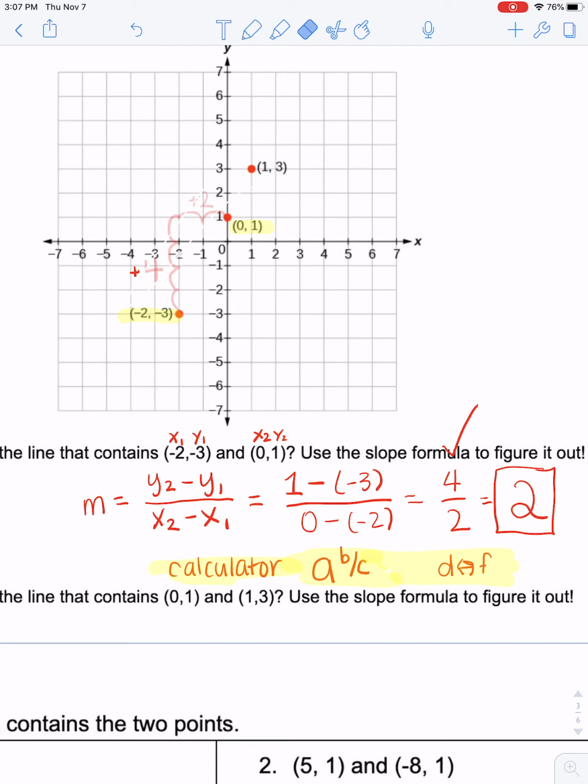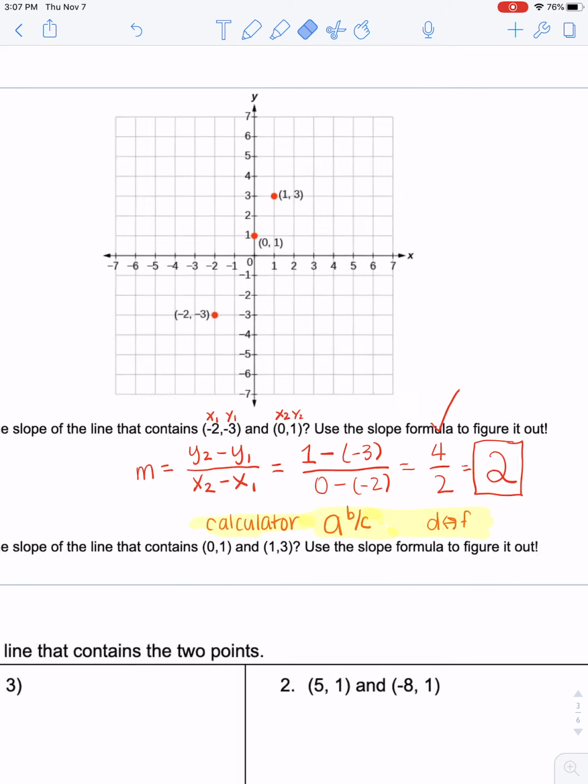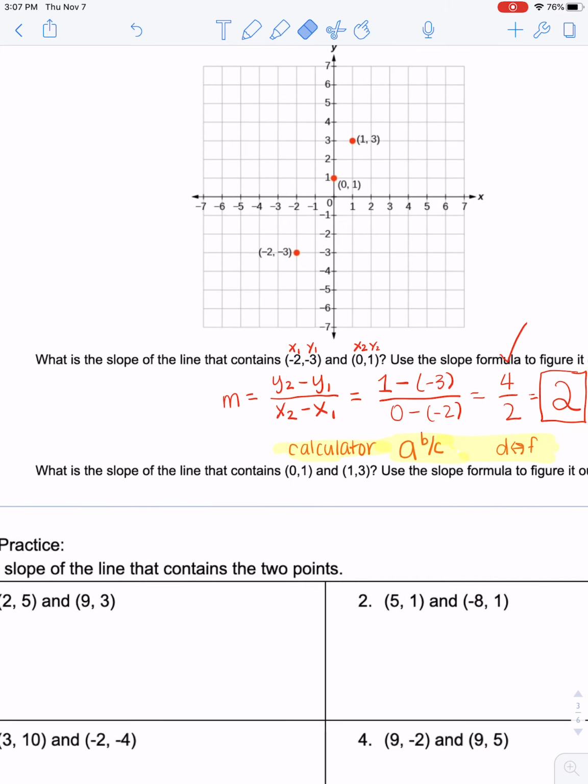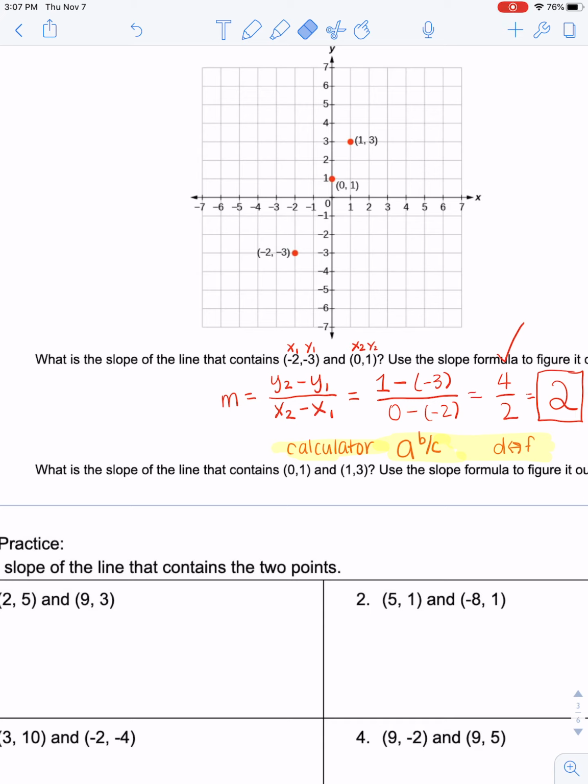Now let's look at number 2. Number 2 says, what is the slope of the line that contains (0, 1) and (1, 3)? Use the slope formula. Again, I know that I'm working with m equals y sub 2 minus y sub 1 all over x sub 2 minus x sub 1.